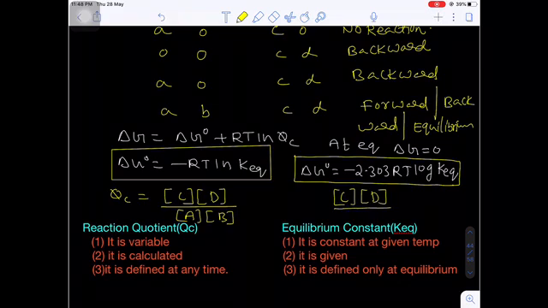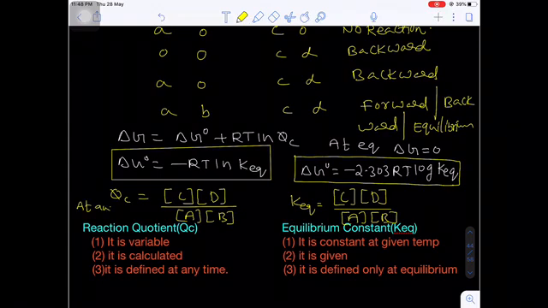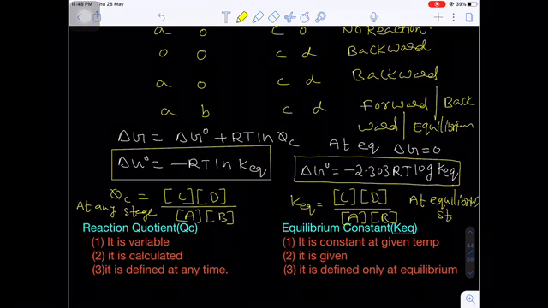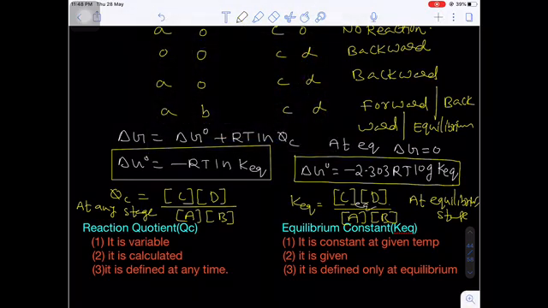Now the difference between K equilibrium, that is the equilibrium constant, and the reaction coefficient: the reaction coefficient can be defined at any stage, at any time interval, but K is defined only at the equilibrium stage. This is very important. Whatever concentrations we write for K, they are the concentrations under equilibrium conditions only.